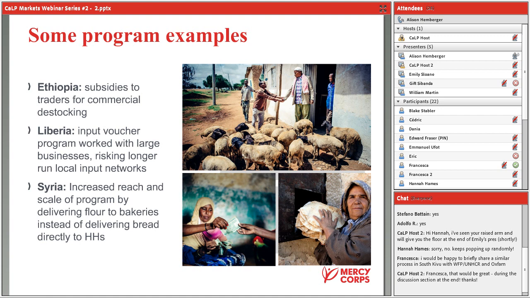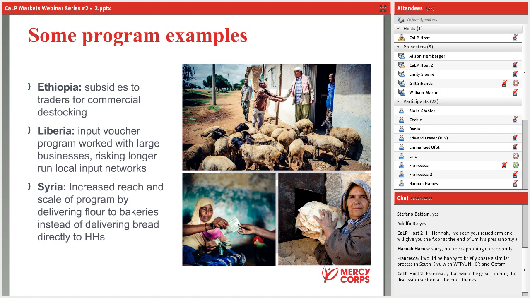So when we brought in large businesses, that actually created a problem for the local economy. Even when you work through market actors, sometimes you can do it in ways that aren't so helpful.